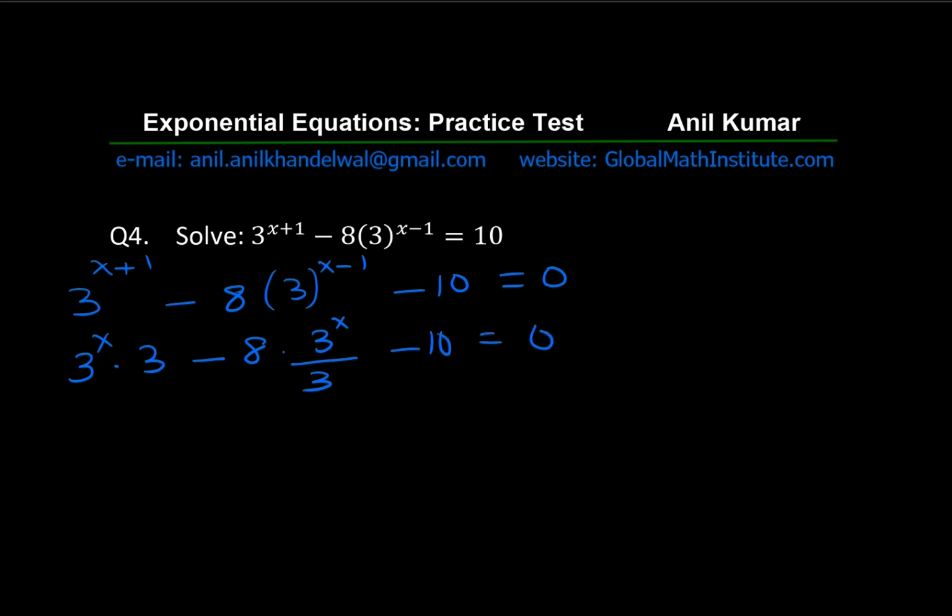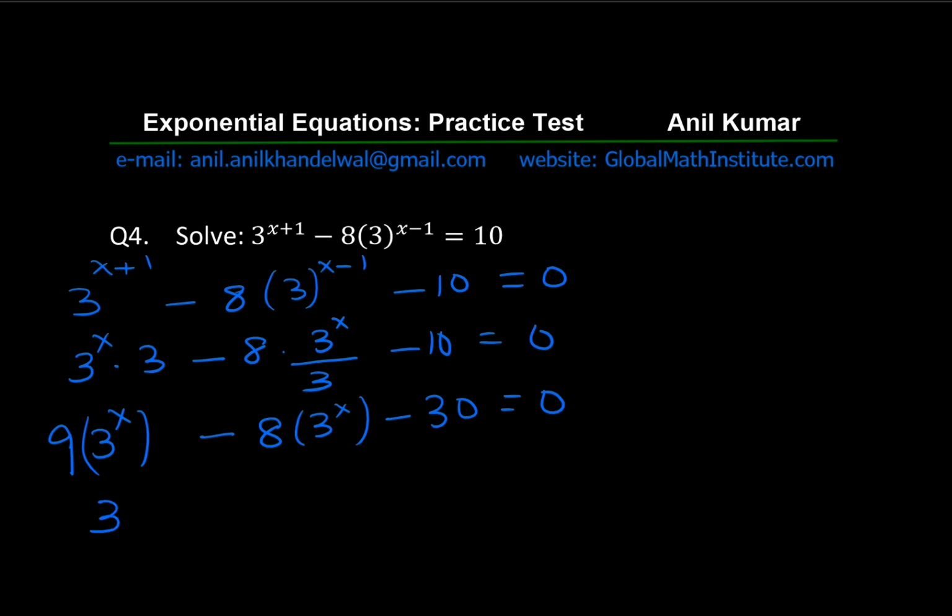Perfect. Now, we can multiply by this 3, and so we get 9 times 3 to the power of x, let's write this in brackets, minus 8 times 3 to the power of x, minus 3 times 10, which will be 30, equals 0. So that is what we get. Now, we can combine these two terms, 9 times 3 to the power of x and 8 times 3 to the power of x.